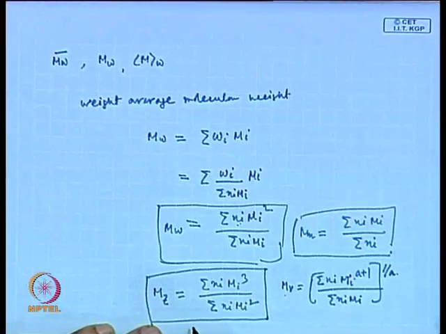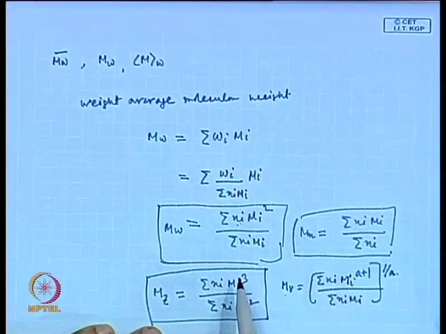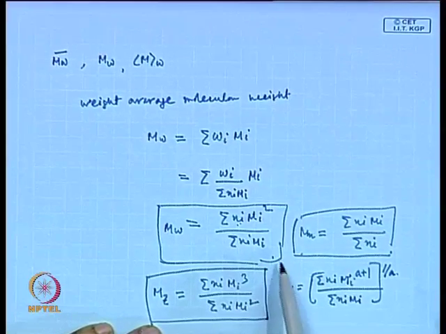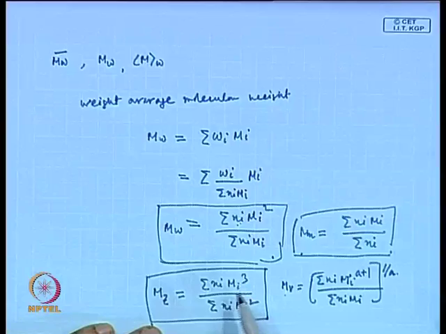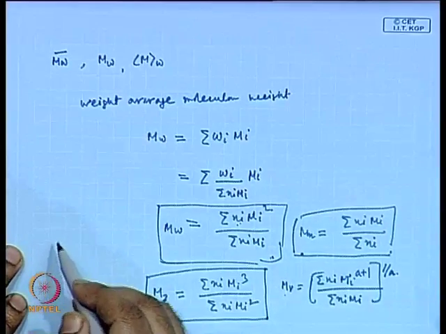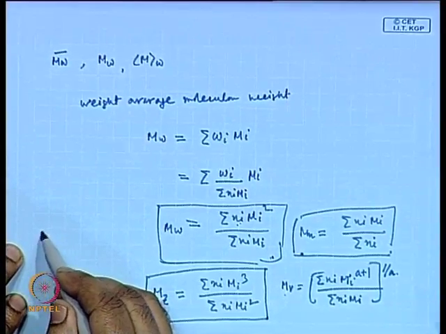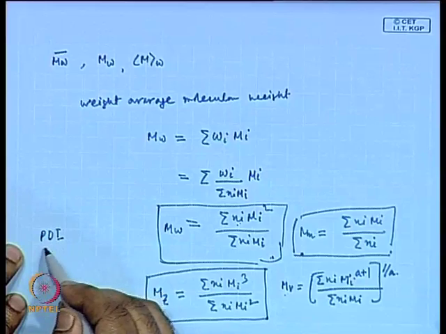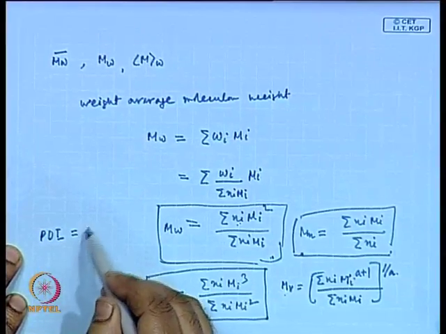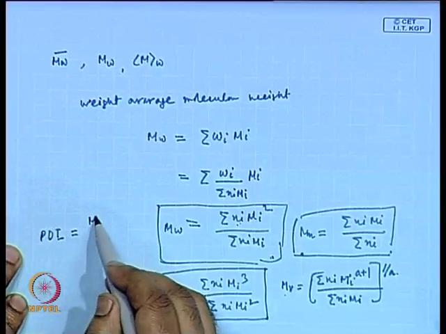This is Z average molecular weight, but most commonly these two terms are used, Mn and Mw, and those are sufficient for your description of your sample.